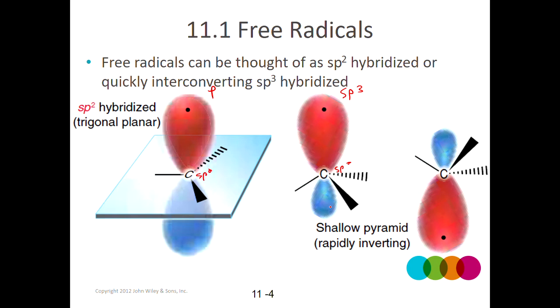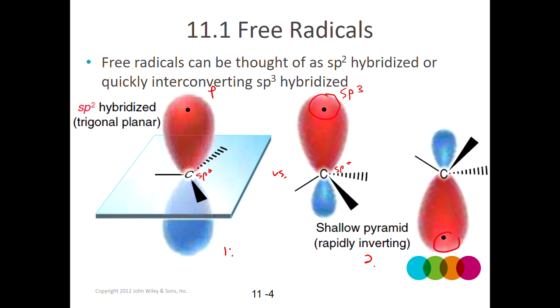So these two can shift or switch, and that means the radical exists just as much of its density above as it does below the carbon. So in essence, there's no practical difference between these two scenarios.